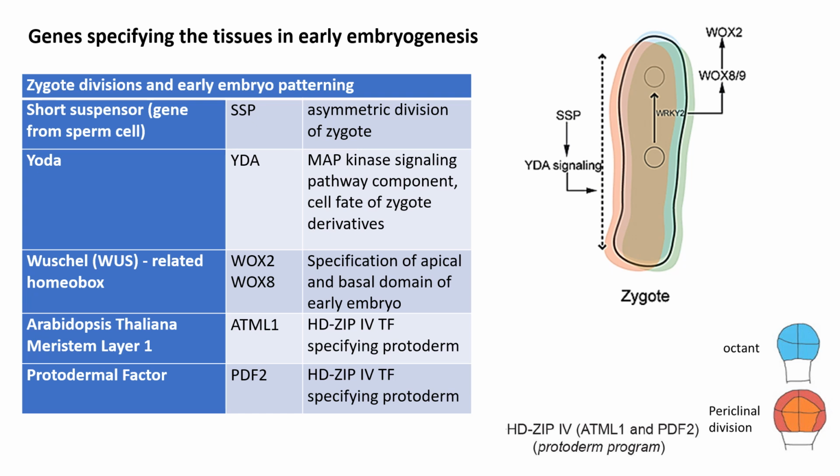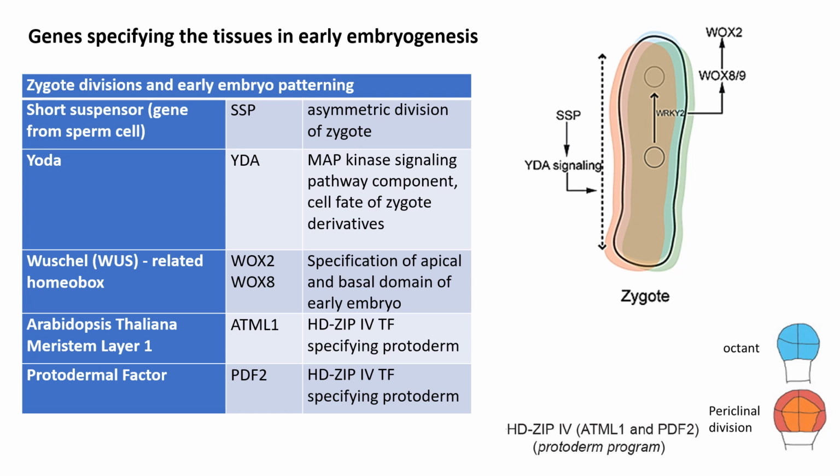After having understood that auxin plays an important role in early embryo development, let us now see some of the genes that are involved in the actual patterning of the zygote and the early embryo. The first gene involved comes from the male parent, that is from the sperm cell.